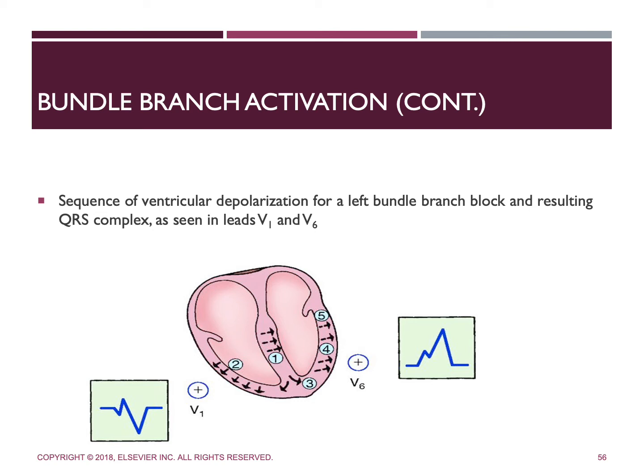So with the left bundle branch block, the septum is going to be depolarized by the right bundle branch, as is the right ventricle. So the septum is part of the left ventricle and is normally depolarized by the left bundle branch. Because that left bundle branch is blocked, depolarization of the septum by the right bundle branch occurs in an abnormal direction.